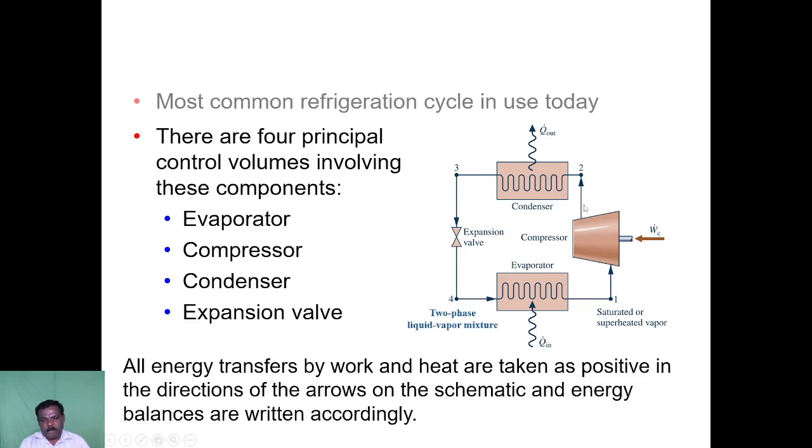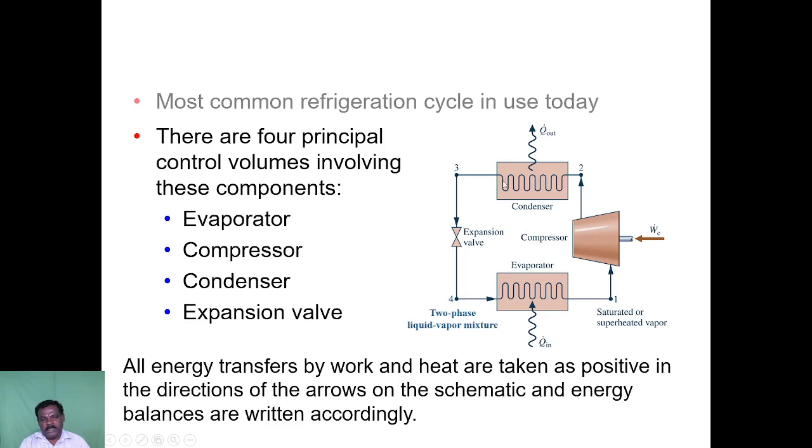The high pressure, high temperature vapor refrigerant comes out from the compressor. It enters the condenser.